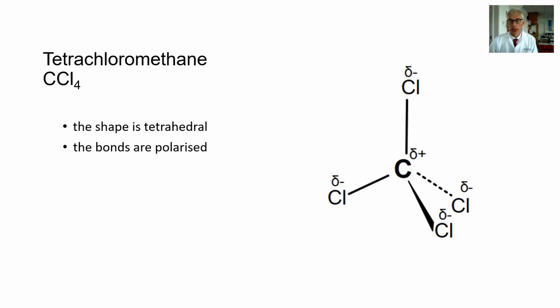So producing a 3D diagram, we can see that the carbon is central and that the dipole delta minus delta plus, as I've highlighted here, is balanced or cancelled by the dipole delta plus delta minus on the right hand side.